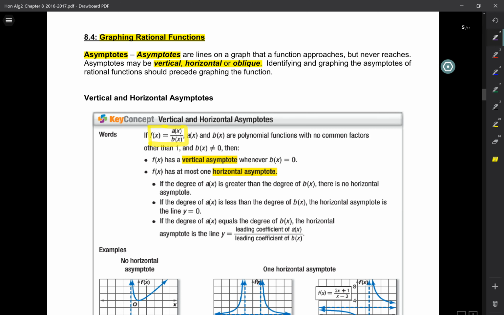So look here. We've defined the numerator as a of x, the denominator as b of x. So to find the vertical asymptote, you just set the denominator equal to 0. Okay? Makes sense? That's it. It's as simple as that.